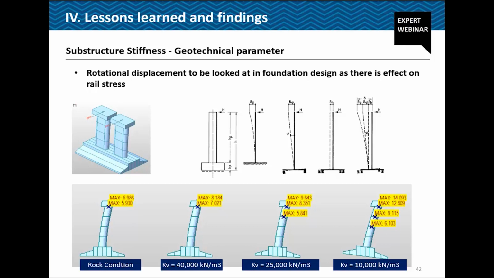And based on this, we have assessed the impact of this rotation, and based on different subgrade modulus of reaction, we checked this. For example, if we consider rock condition, where we can usually ignore foundation rotation, this will give just a 7 mm maximum deflection, whereas we may get almost 14 mm top displacement if we take this kind of subgrade modulus of reaction.